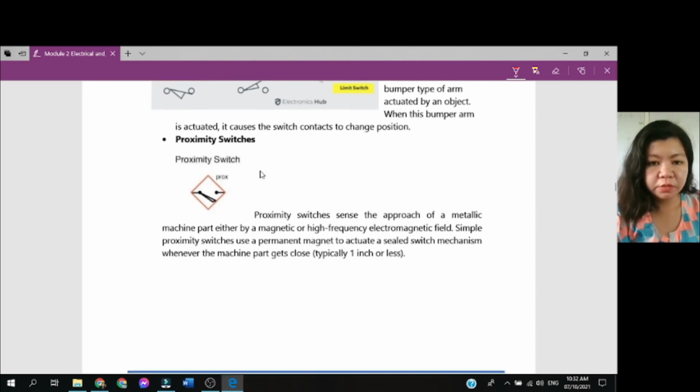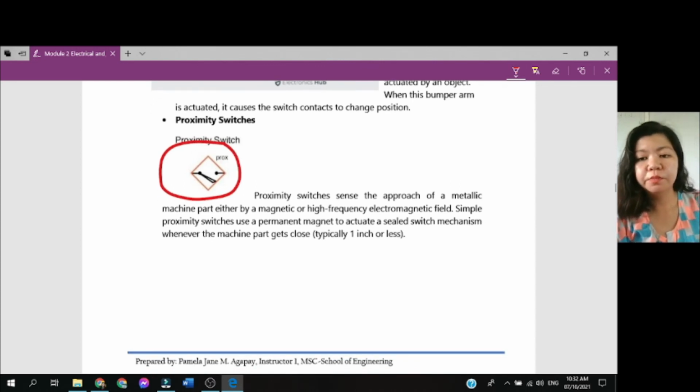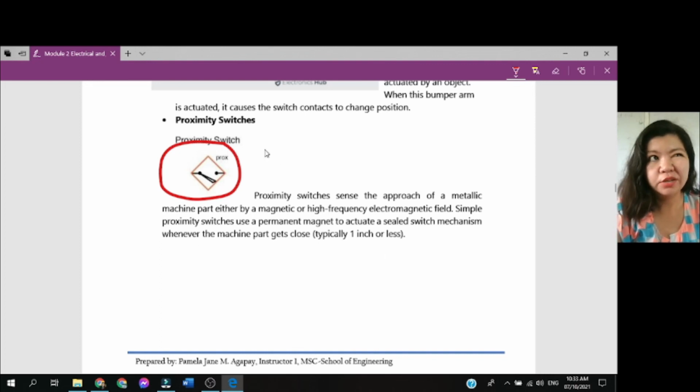Now we have the proximity switches also that is represented this way. So proximity switches sense the approach of a metallic machine part, driven by a magnetic or high frequency electromagnetic field. So simple proximity switches use a permanent magnet to actuate a sealed switch mechanism whenever the machine part gets close. So it is kumbaga, triggered by electromagnetic field.